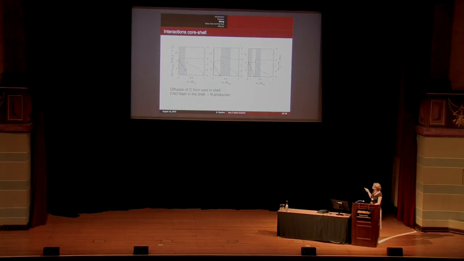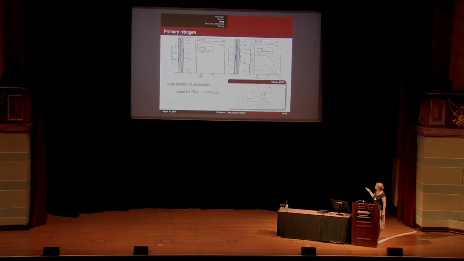This is very interesting for us because this will really boost the nitrogen production in the shell. Some carbon comes from the core to the shell, but you can also have some nitrogen coming back from the shell to the core. And this is what happens.